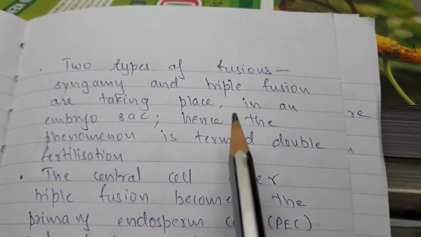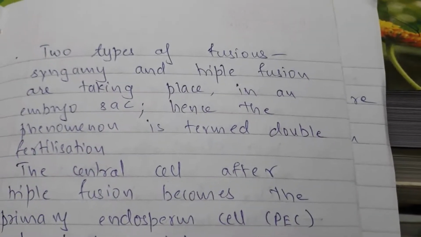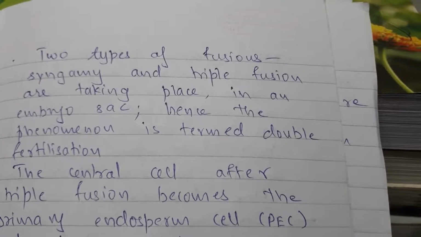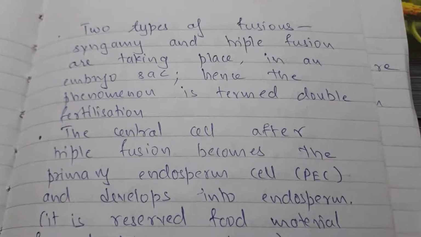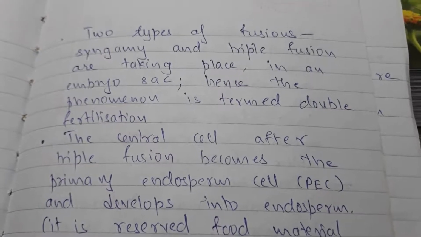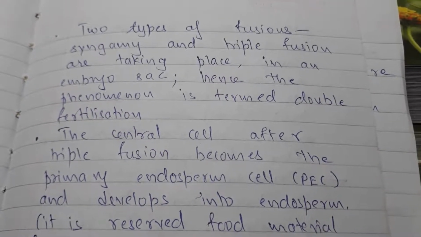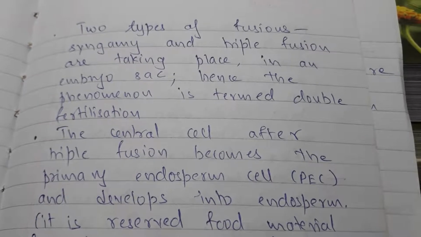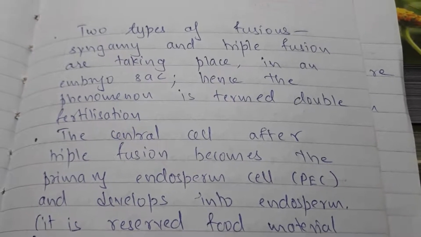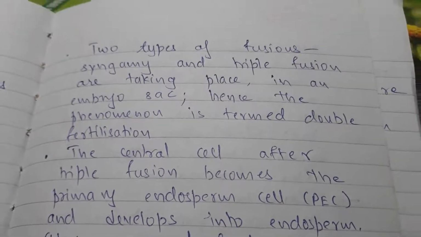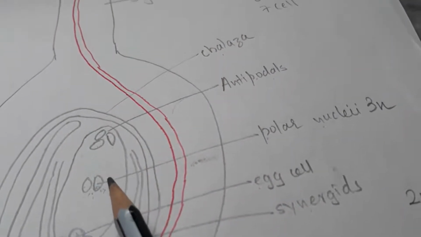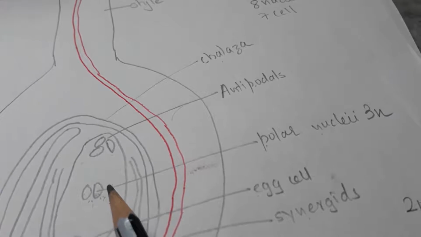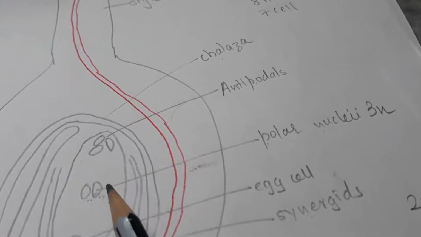Two types of fusion take place, syngamy and triple fusion, in an embryo sac. Hence the phenomenon is termed double fertilization. The central cell after the fusion becomes the primary endosperm cell. This is becoming PEN, primary endosperm nucleus.